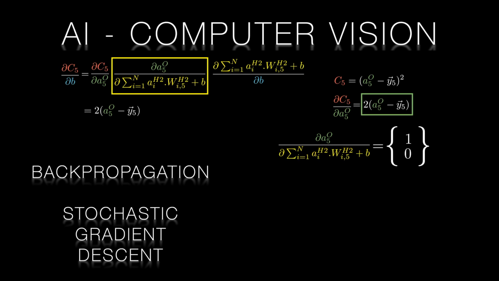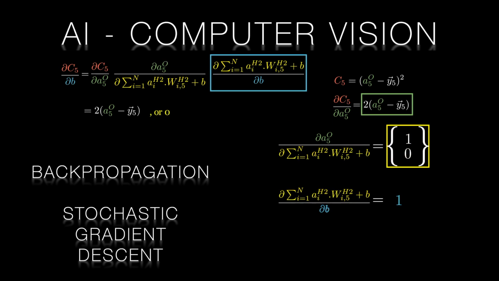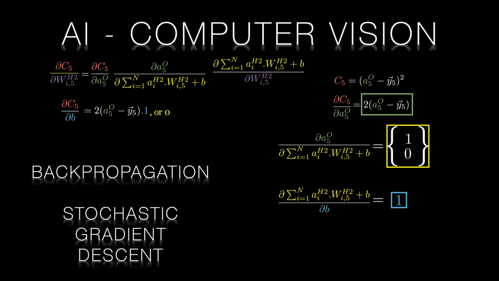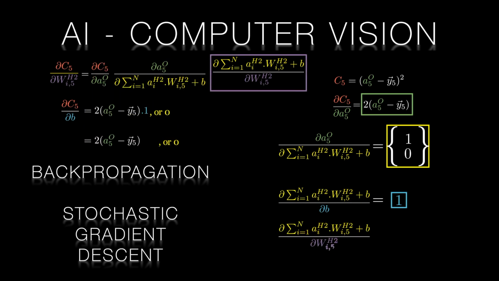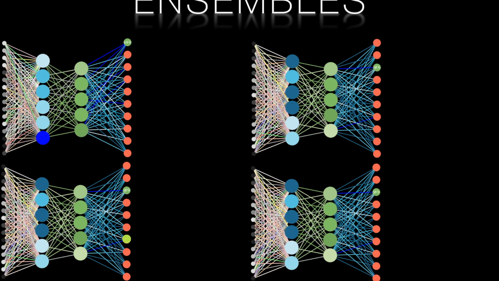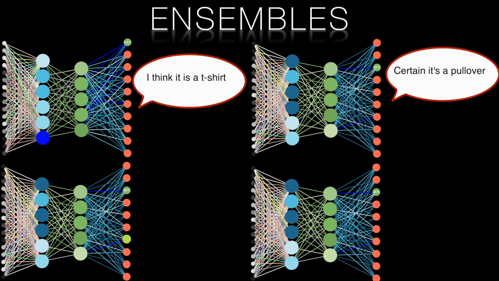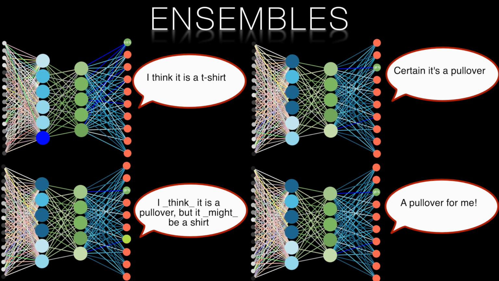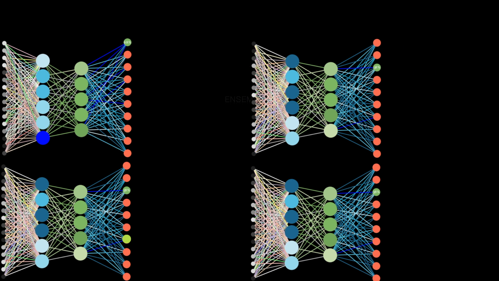The result is a crazily complicated multi-dimensional function, a function that can very accurately classify images that it has not seen. We've also looked at how we can combine these networks as ensembles. Here, diversity improves accuracy.